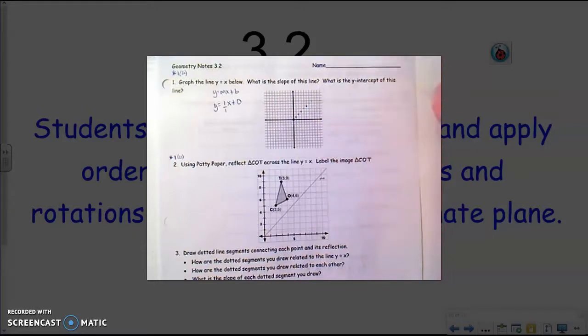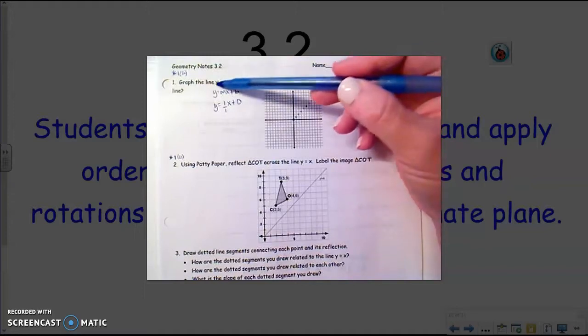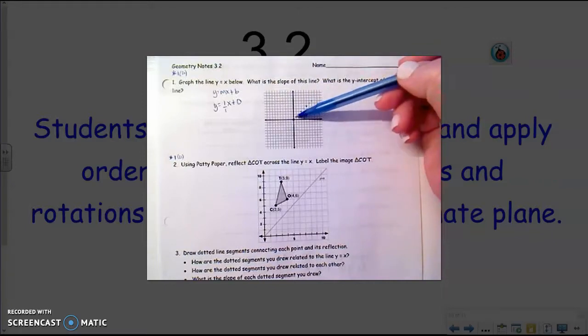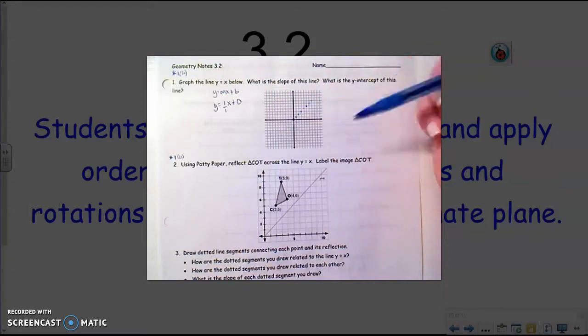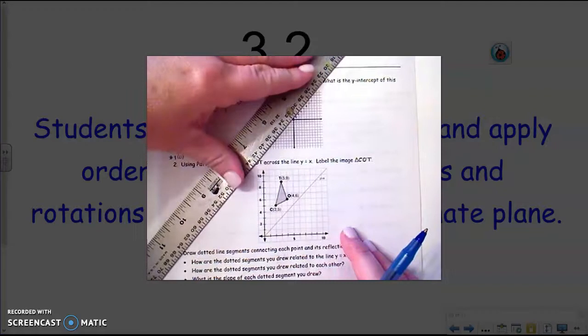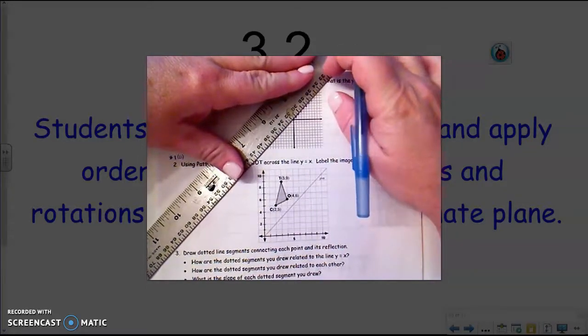In other words, the equation also tells me that for every single point, the x and the y coordinates are exactly the same number. So the points (0, 0), (1, 1), (2, 2), (3, 3), (4, 4), and so on are on that line. I can use my straight edge here to connect those points and graph the line y equals x.